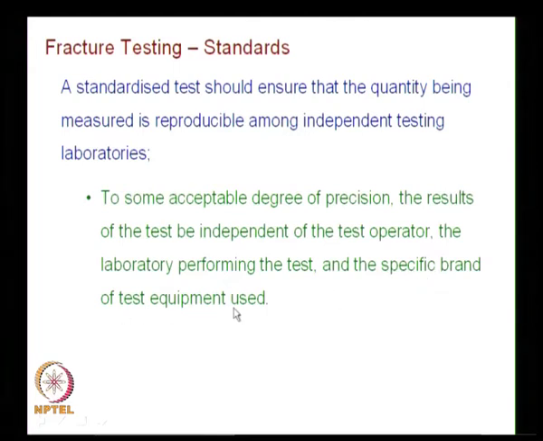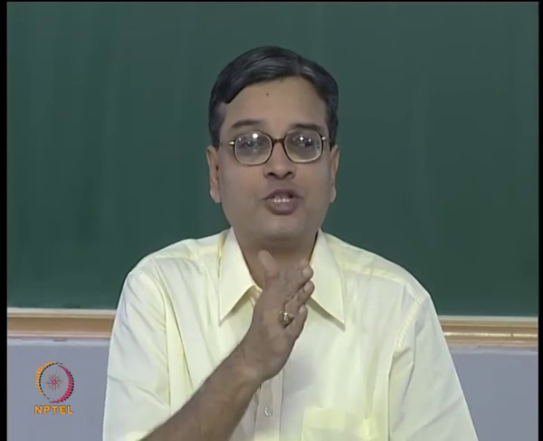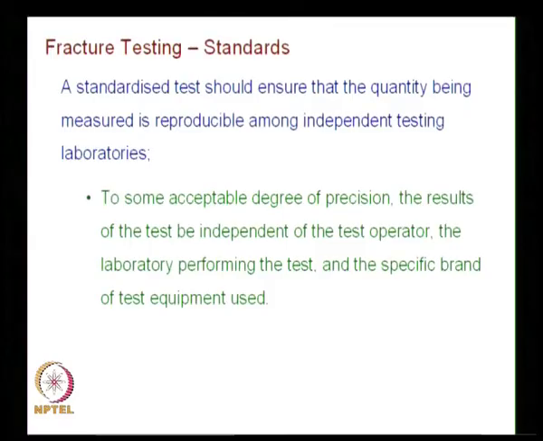This is also very important. You can't say if you have to do a fracture test, you have to buy a machine only from one source. You can't have a monopoly. So, when I develop a standard, the procedure should be well established. It accounts for all these minor variations and gives the final result with a certain level of precision. So, this is one aspect of what is the purpose of a standard.